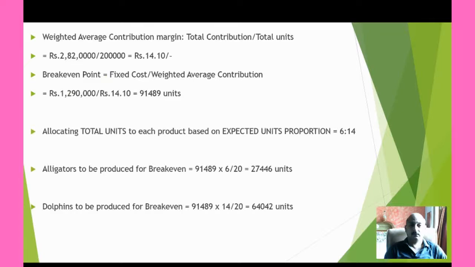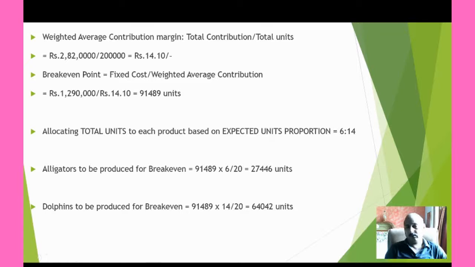Break even point equals fixed cost divided by weighted average contribution, and that is 12,90,000 divided by rupees 14.10, and that is 91,489 units. Now we have to get individual units for alligators and dolphins in the proportion of 6:14.